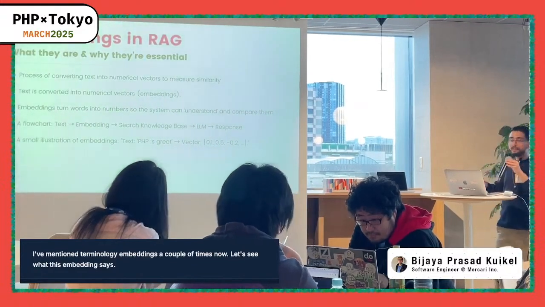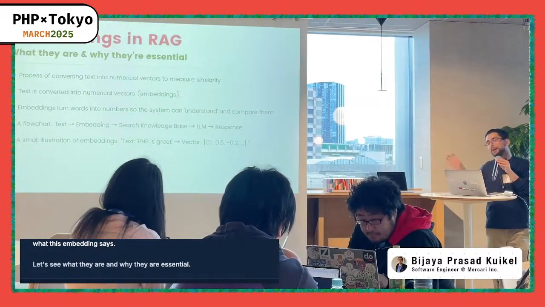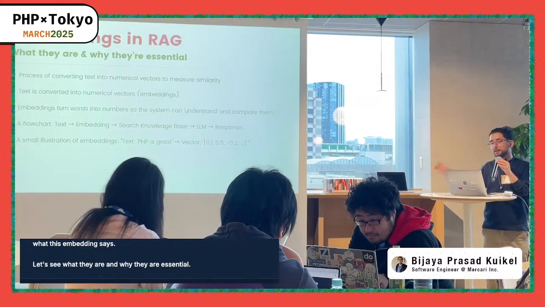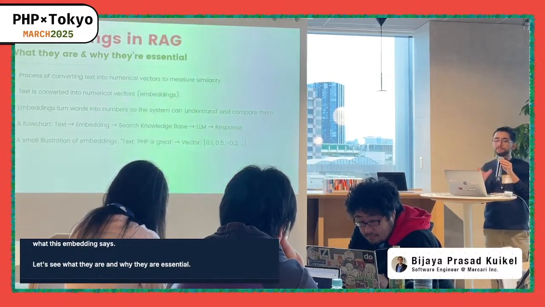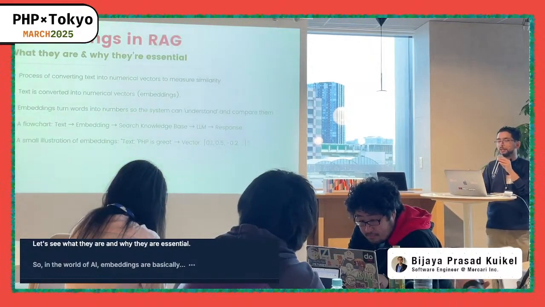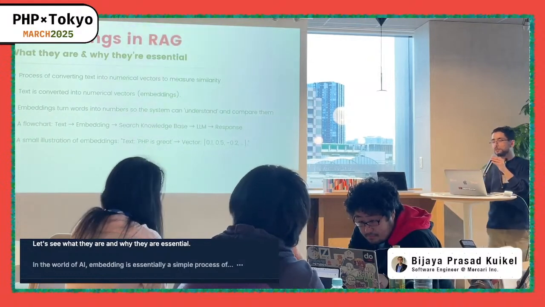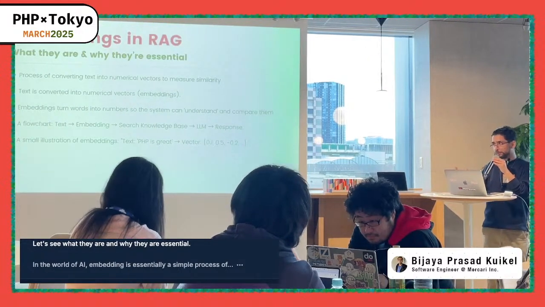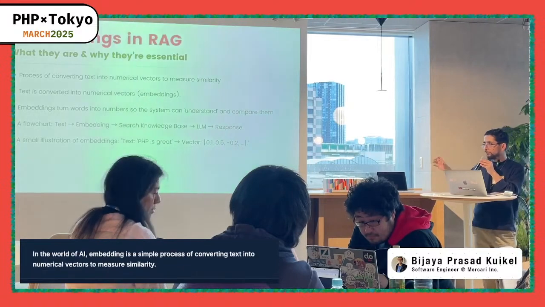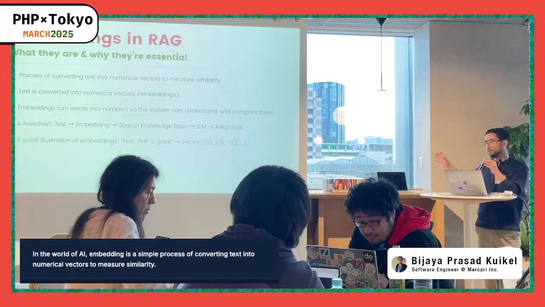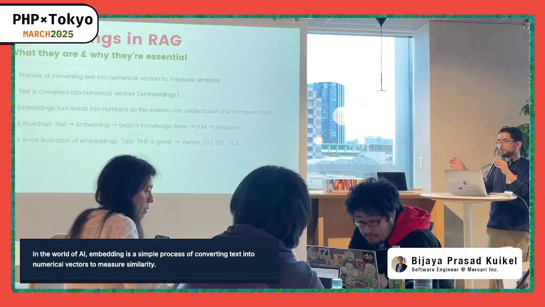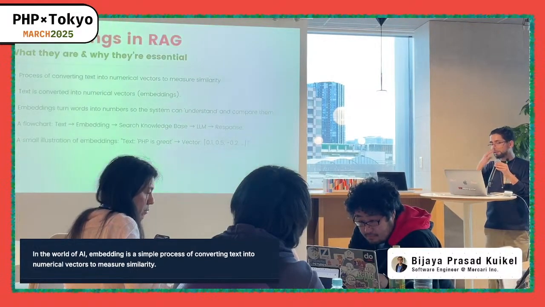Embedding, in the world of AI, or basically in RAG, is a very simple process of converting text into numerical vectors to measure similarity. So we have a text, for example, cat. We need to make sure that the LLMs can understand it, so we convert it. That process is known as embedding.